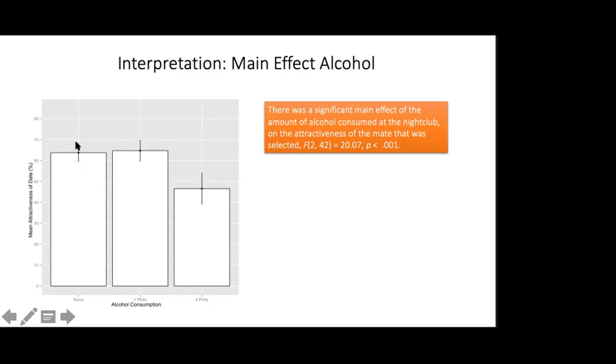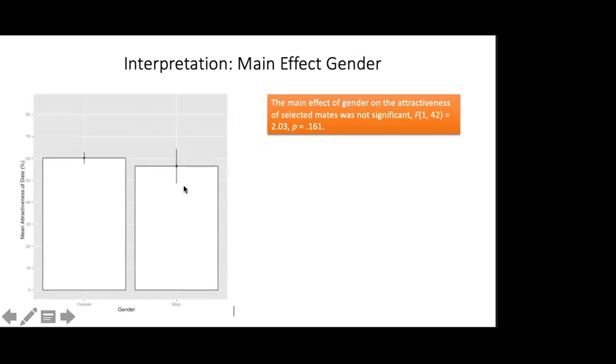These bars represent the mean attractiveness ratings collapsed across genders, for none, for 2 pints, and for 4 pints. We see that after having 4 pints, a selected partner was less attractive. This is the main effect of gender. We can see that there's not really a difference between men and women.